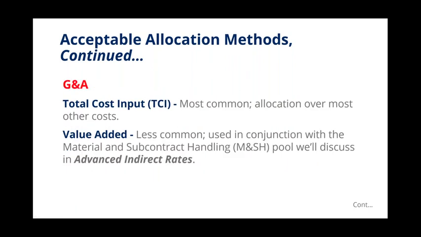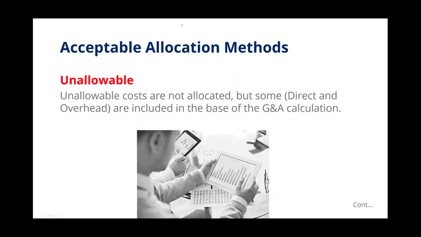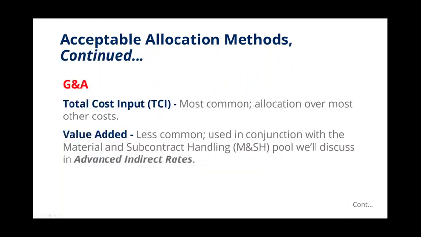All right, with G&A, again, general and administrative costs, we have two acceptable allocation methods. The first is total cost input, or TCI. It's the method that we'll talk about today when I go through some samples with everyone here. It is the most common, and you're allocating those costs over, and I should put a little asterisk here, over most other costs.